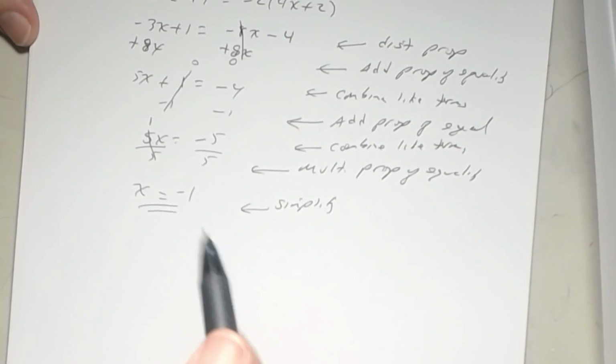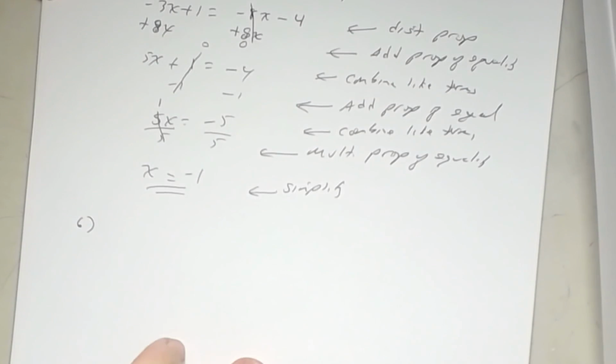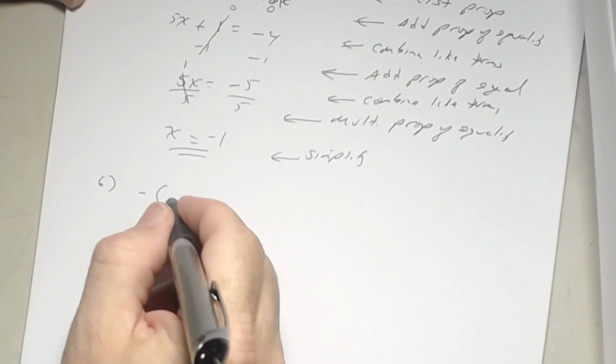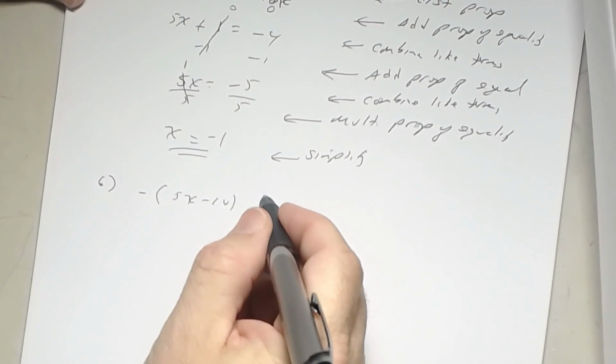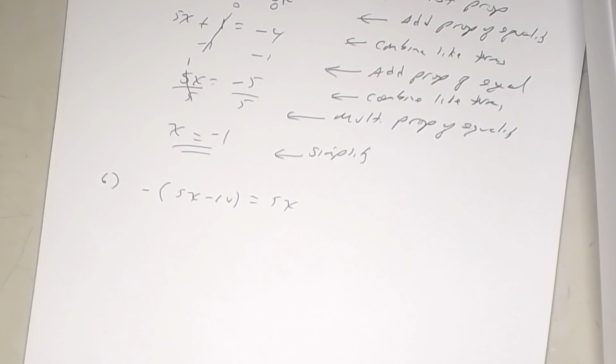Okay? All right, so let's look at number 6. Let's suppose we had, well, this is what number 6 looks like. Okay, that's number 6. That's 5x minus 10. All right, what are you going to do?